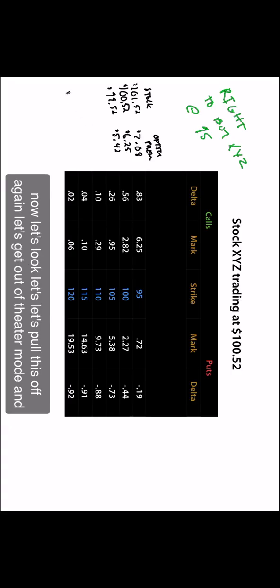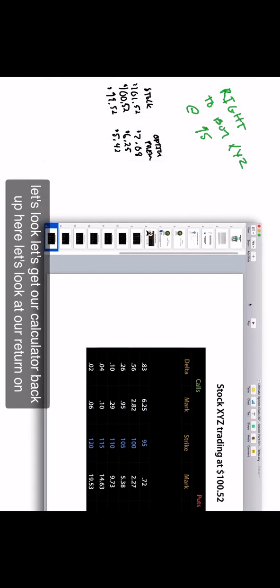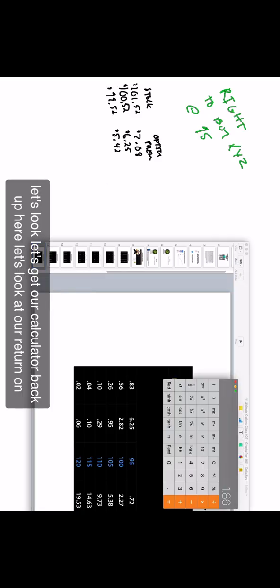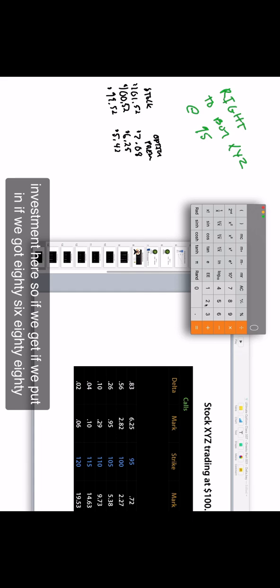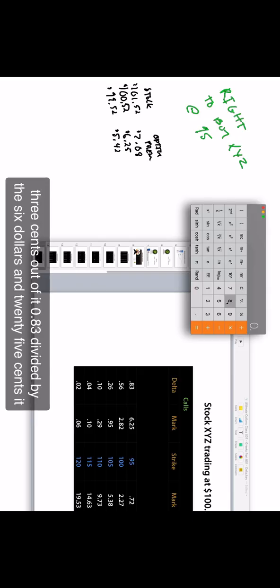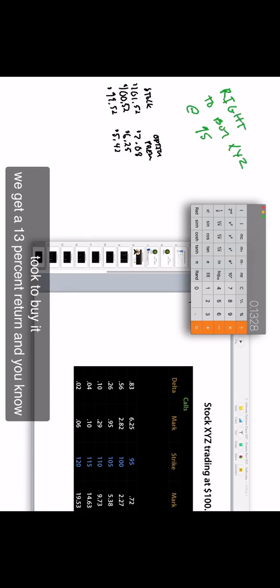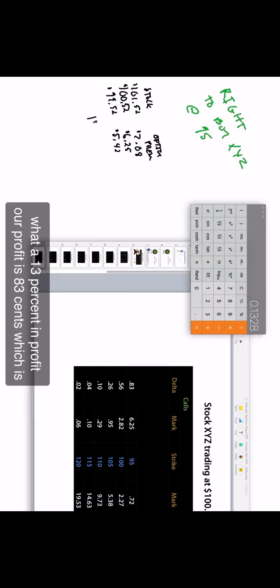Now let's pull this off again. Let's get out of theater mode, and let's get our calculator back up here. Let's look at our return on investment. If we got 83 cents out of it, 0.83, divided by the $6.25 it took to buy it, we get a 13% return.